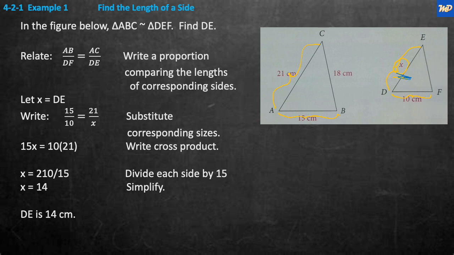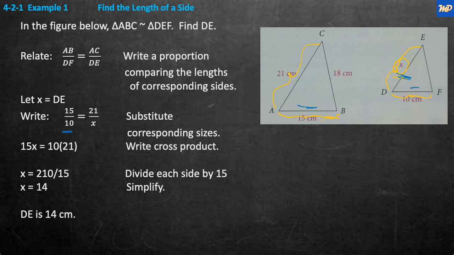That's what they tell us to do. And when we've done that, we're going to write 15 is to 10. This big side here, and these are going to be related. 15 is to 10 as 21 is to X.